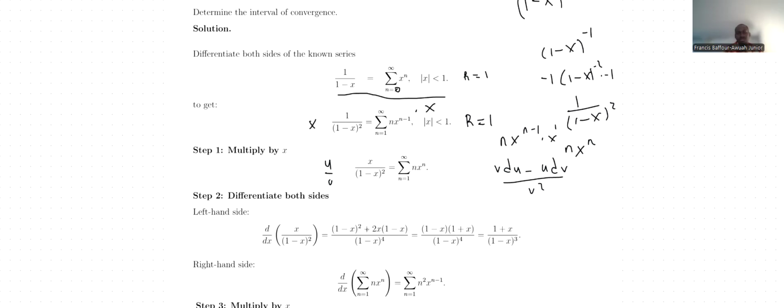But what happens is that if you find the derivative of 1 minus x squared, let's just do it here. So we end up with 1 minus x squared. You want to find the derivative, that will give you 2, 1 minus x all to the power 1. And then the chain rule means you're going to multiply this one by negative.